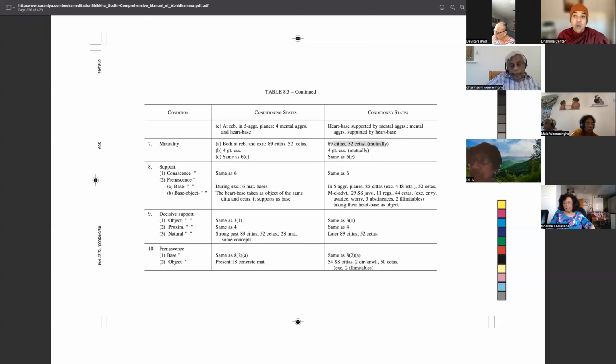Although the chaitasika is not a chitta, it gives that chitta. It arises together. Is that clear? Does that make sense to you, your question? Yes, Bhante. Thank you.